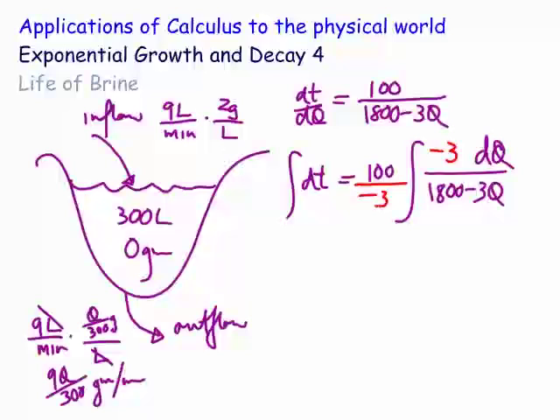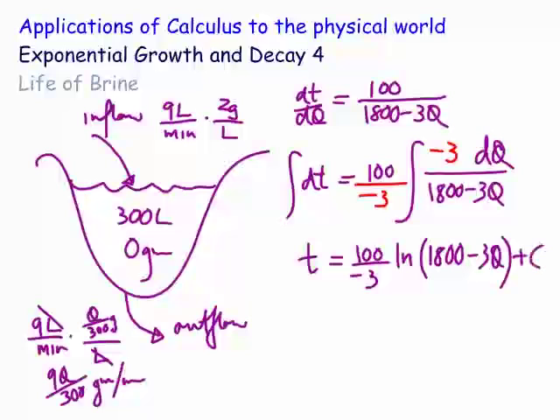So we need to adjust this integral slightly, and we end up getting, as we integrate both sides and amalgamate the constants onto one side, t equals 100 on minus 3 ln of 1800 minus 3Q, plus some constant c. Move the constant over and we get t minus c equal to 100 on minus 3 ln of 1800 minus 3Q.